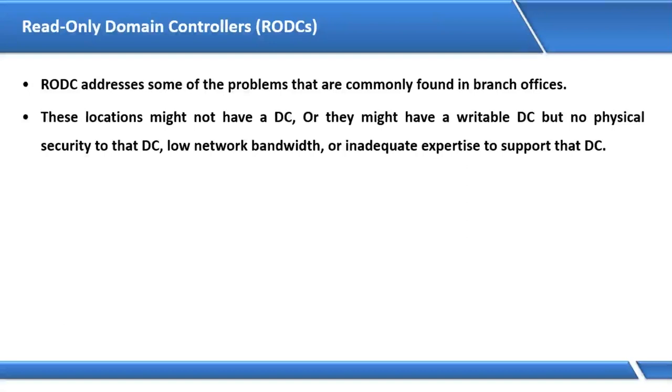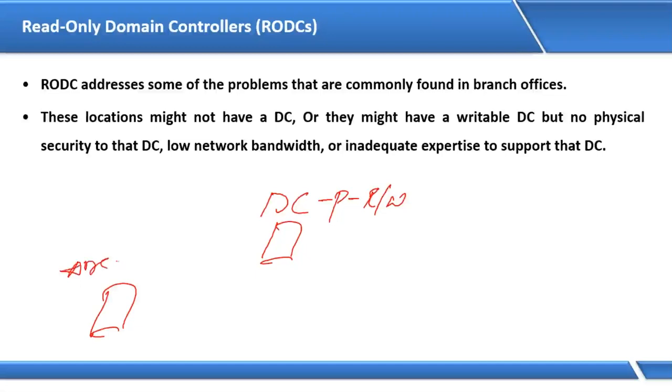Now try to understand here. To manage and design the network, we require DC. DC is our primary server and we have a read and writable database, right? So that is our DC here. But for example, I'm making one system as an ADC. ADC is a backup server. ADC is having what type of database? Read and write.